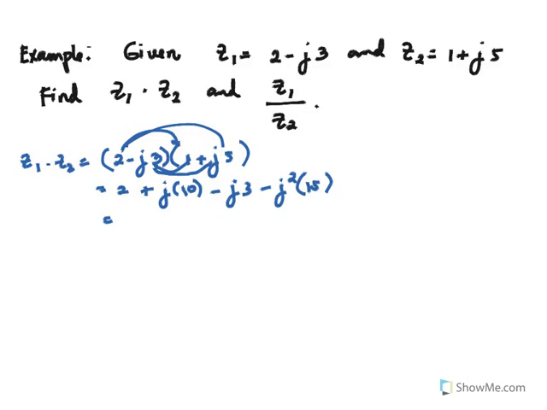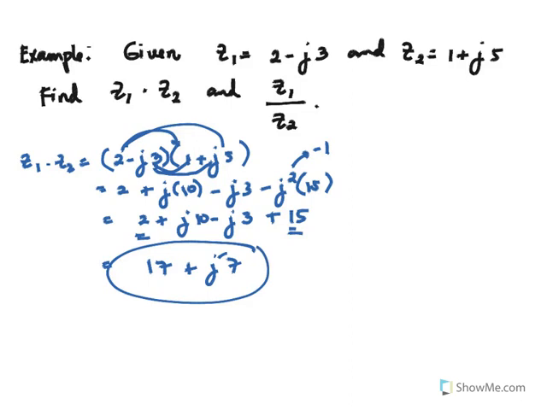Okay? So you have here 2 plus j10 minus j3. J squared is negative 1. So, when we replace this with negative 1, and it's negative also, it becomes plus 15. So, we can combine 2 and 15. So, that's 17 plus j. 10 minus 3 is 7. So, you have 17 plus j7 as your product.